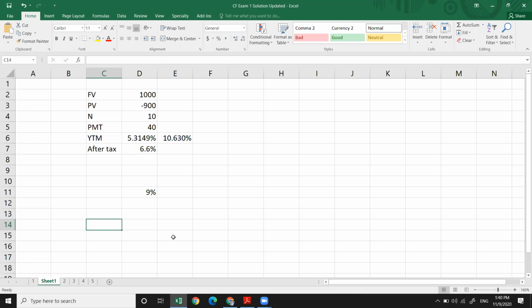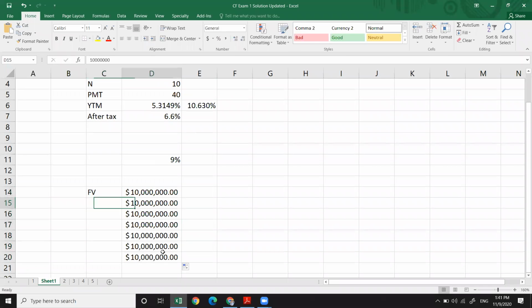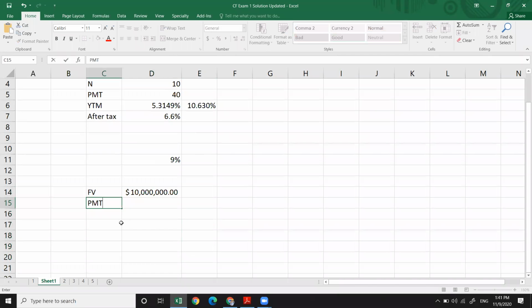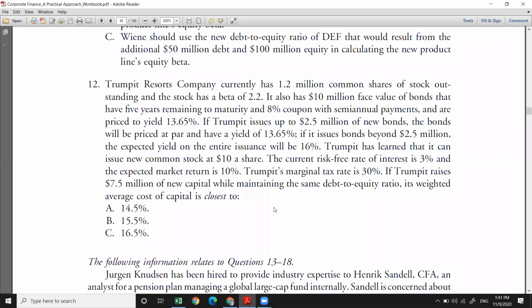The market value of the debt: face value is equal to 10 million. Let me dollarize it. Then the payment we need to calculate.